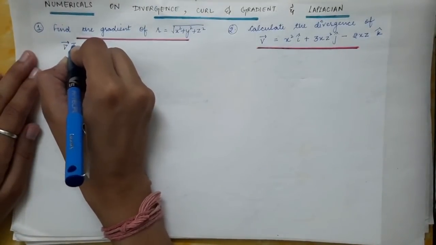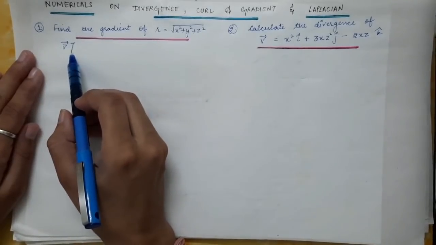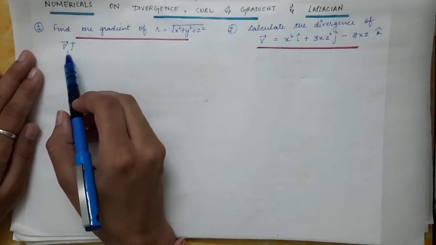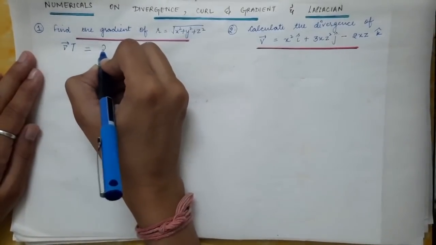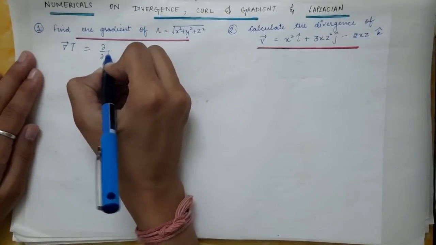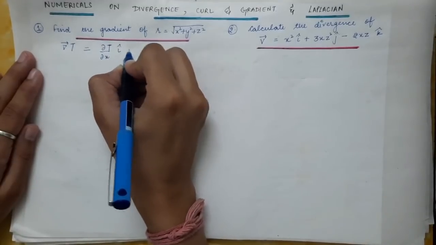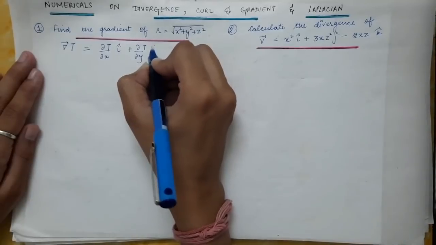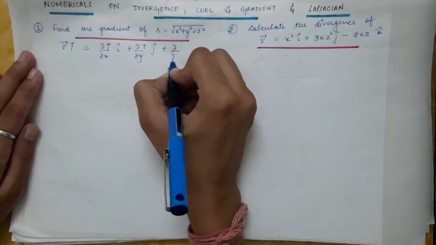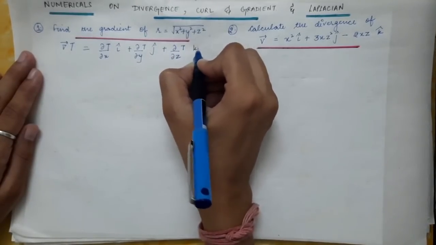If the scalar field function is given by capital T, we have already seen that its gradient is equal to del by del x of T i cap plus del by del y of T j cap plus del by del z of T k cap.